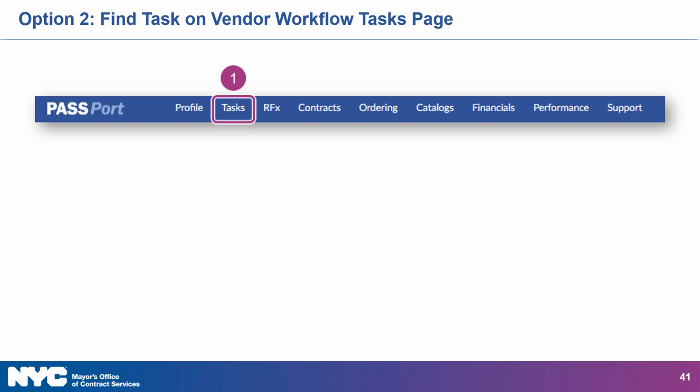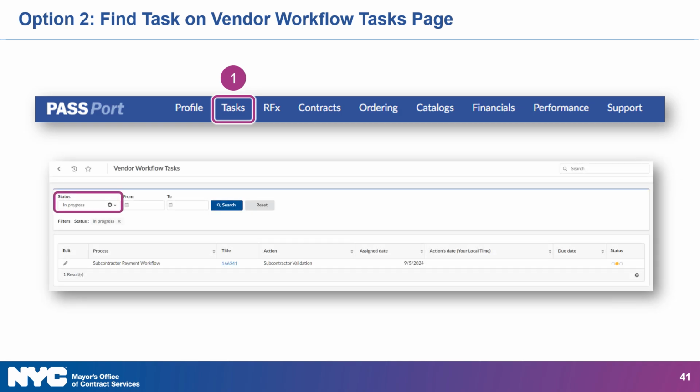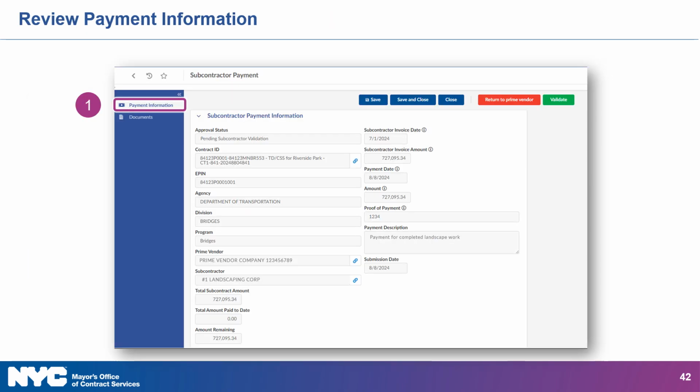To access this page, click Task from the top navigation menu. By default, tasks with an in-progress status are shown. Once you've found the task, click the pencil icon. You will then be brought to the Payment Information tab of the Subcontractor Payment window, where you can review the information submitted by the prime.